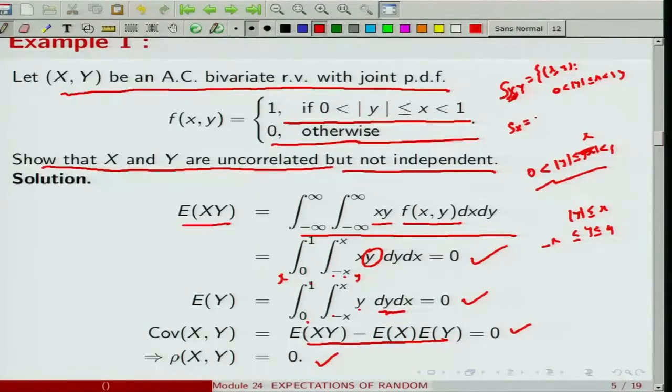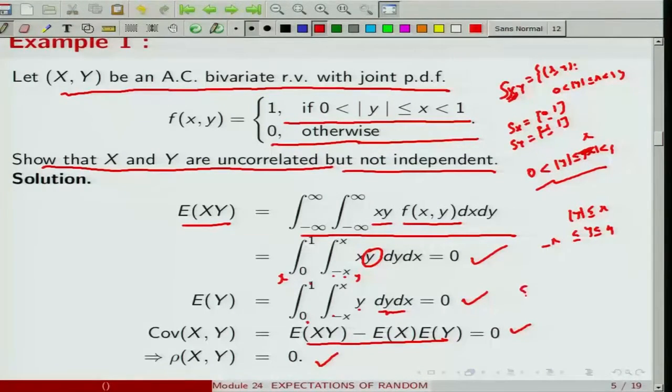Whereas, if I have to look at the support of x, what would it be? X, the first coordinate, can take any value from 0 to 1. So, it would be the closed interval 0 to 1. Support of y would be nothing but mod of y less than or equal to 1. So, y between minus 1 to 1, and the support includes the boundary points.